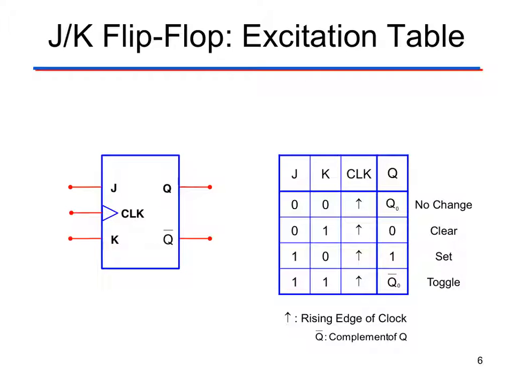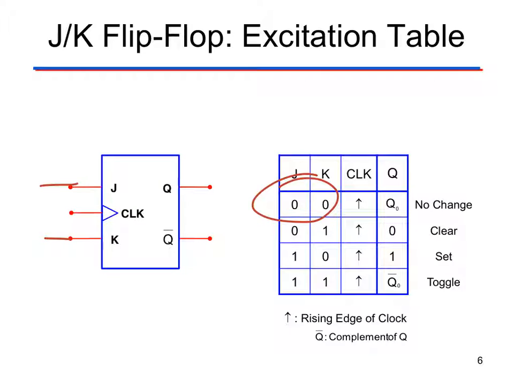Okay, your JK flip-flop. It's pretty similar, except the only difference is with a JK flip-flop you have 2 inputs, both a J and a K. Here's how it works. Whenever the J and K are 0s, the output will remain the same. Simple as that.